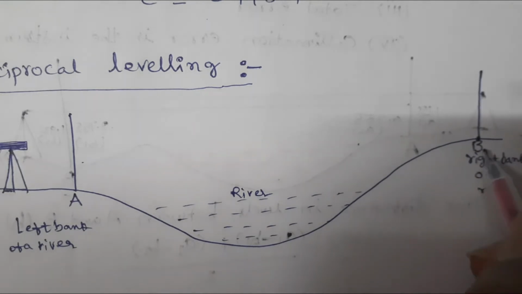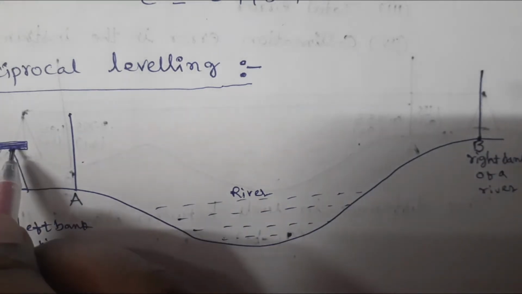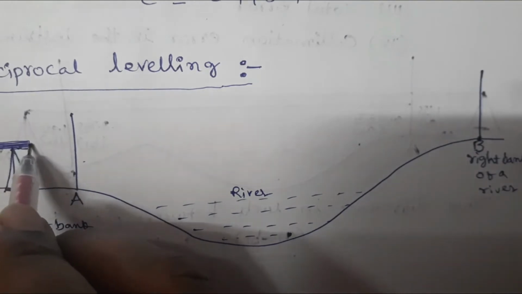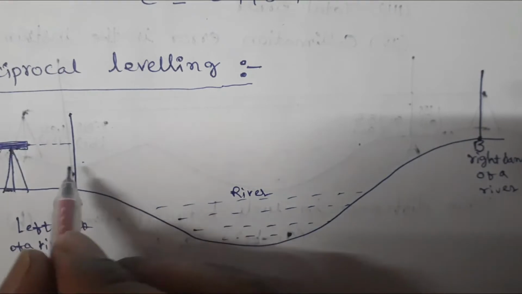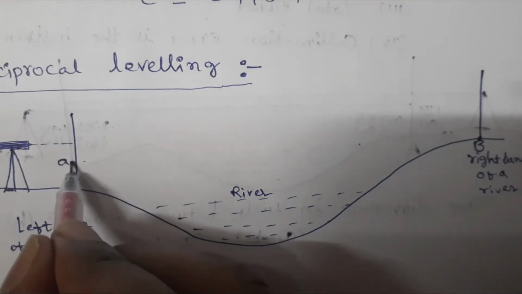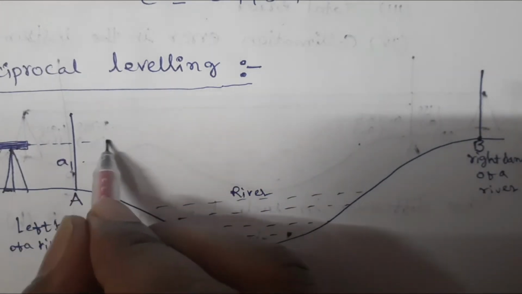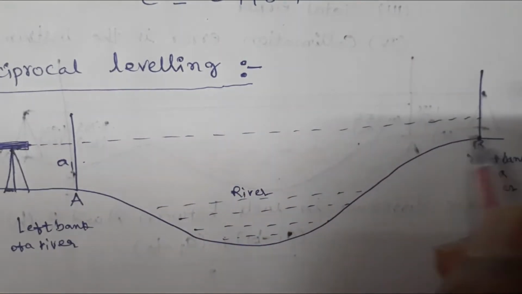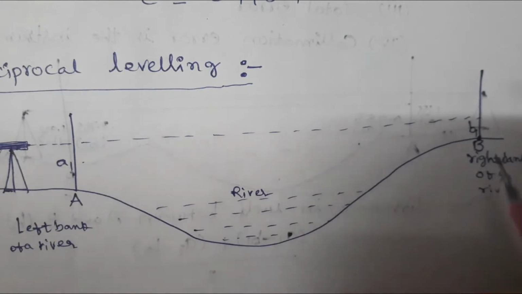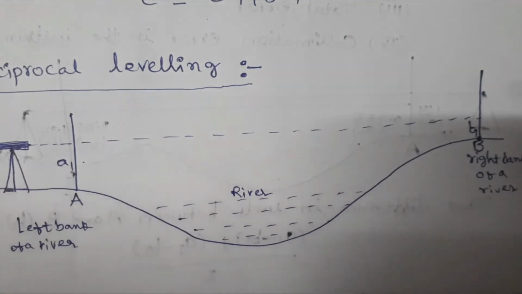Say it is point B. From this instrument, observe the staff reading on A. This is A1, and observe the staff reading on B. This is B1.